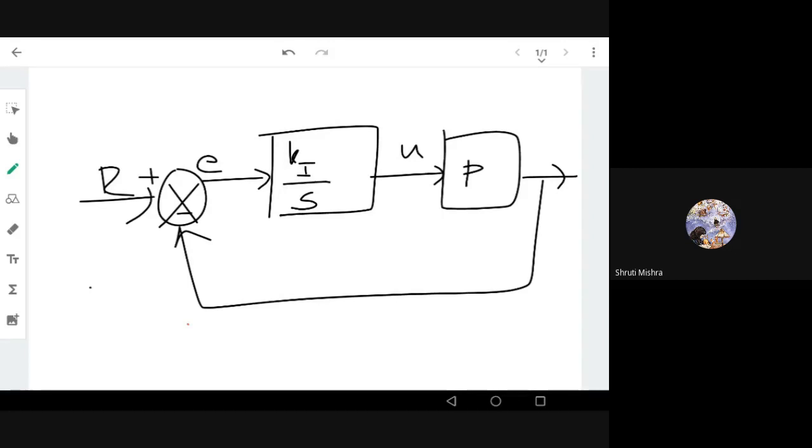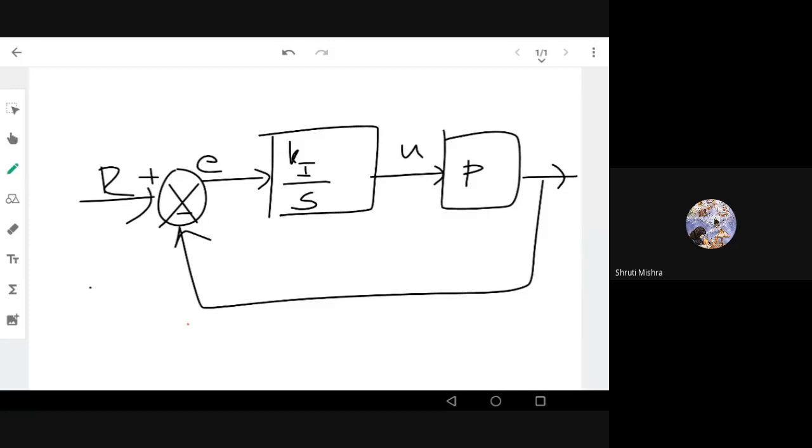So this is the integral controller. There are some subtle topics which we'll discuss. The integral control gives a bit of instability to the system, and how it gives instability we'll discuss later. But it has some advantages also. It can reduce steady state error very fast.